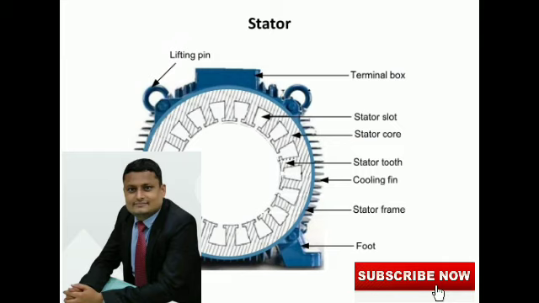Since L equals 37.5 centimeter, there will be 3 ducts in the stator. Thickness of duct will be equal to 10 mm. Taking stacking factor 0.9, net iron length Li equals 0.9 into (0.375 minus 3 into 0.01), that will be equal to 0.3105 meter.